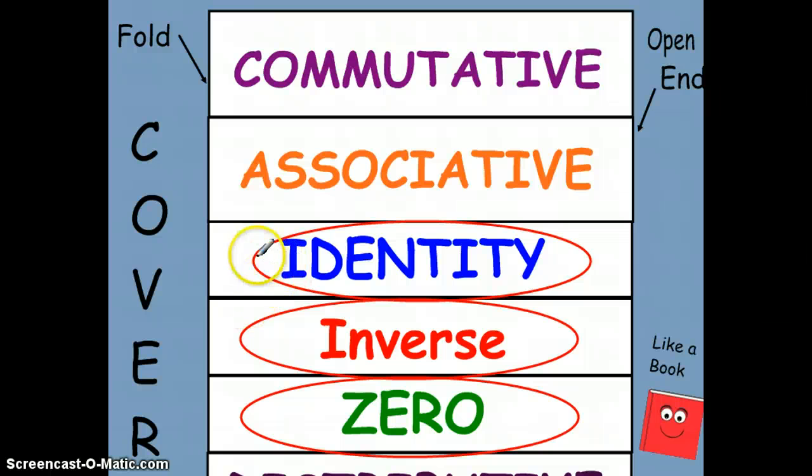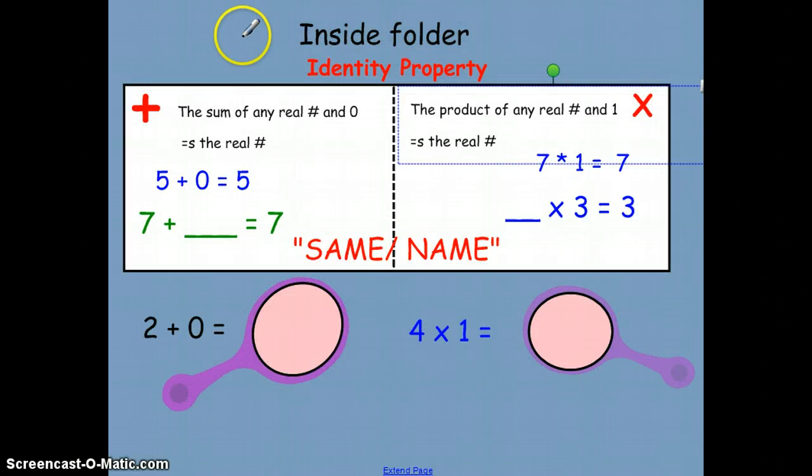First, we're going to start with the identity property, then move on to the inverse, and then to the 0 property. So inside your foldable, where we have the identity property, you want to make sure that you have your plus sign on the left and your multiplication sign on the right.